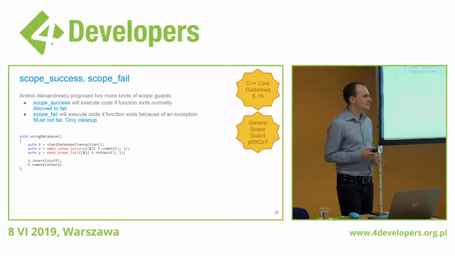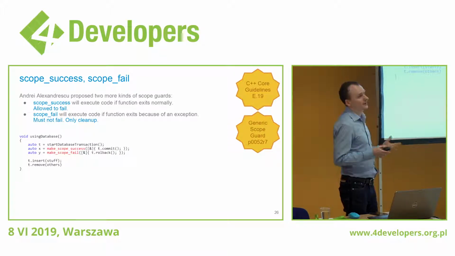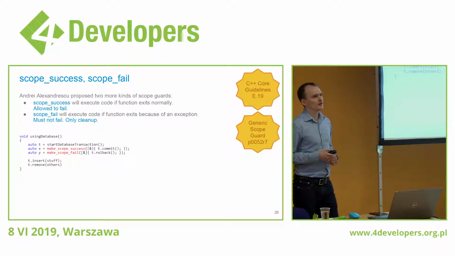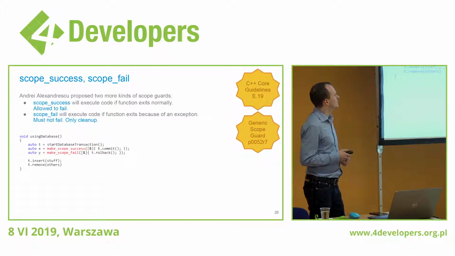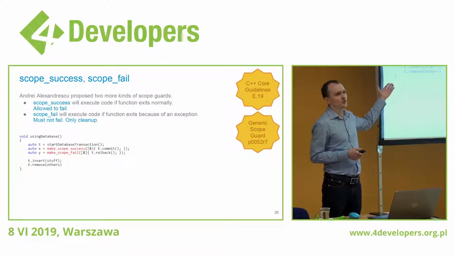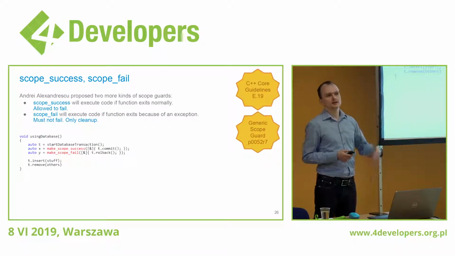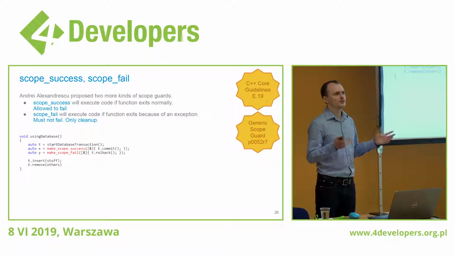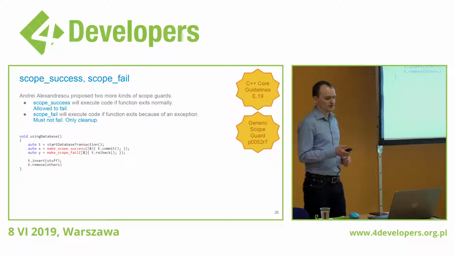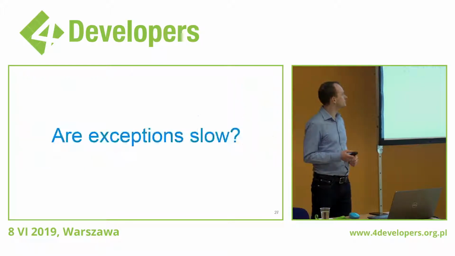So you really cannot do that. So the thing is, you really should not throw in destructors. And there are some exceptions, like scope success, where it works. And I strongly suggest to stick with just that one idiom and not throw from other destructors.